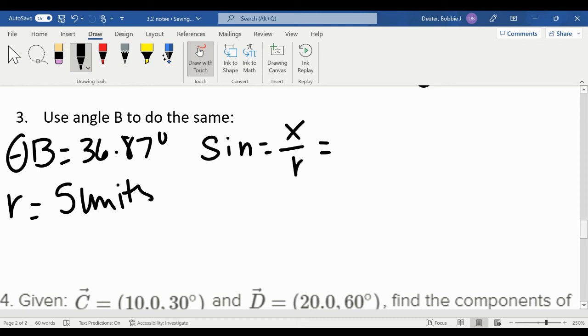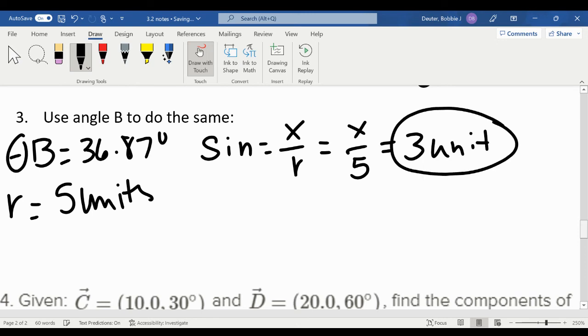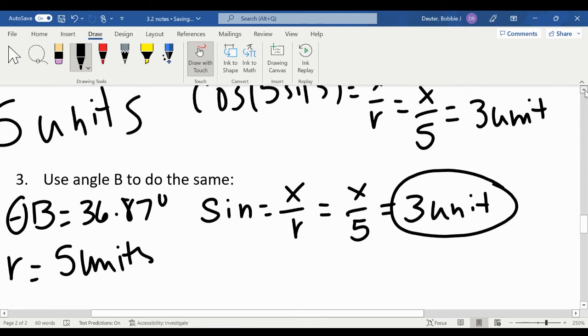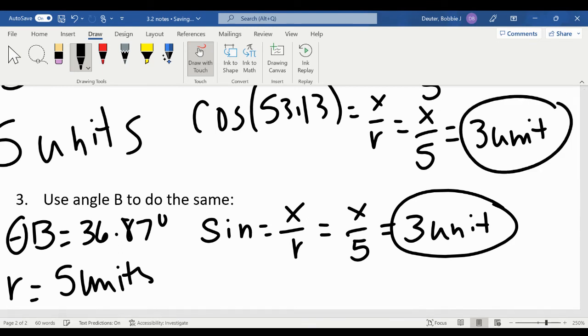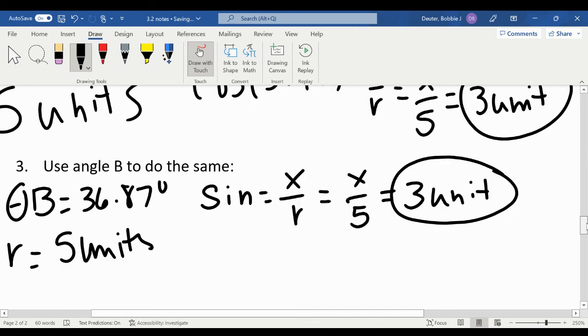And so we know x is what we're looking for, and 5 is our hypotenuse, giving us a value of 3 units. If we look at the problem here, it says our x is still equal to 3 units, and when we used the other angle from above, the x was also equal to 3 units, verifying that they should be the same answer. If they're not the same answer, that's a double check saying, hey, I did something wrong.